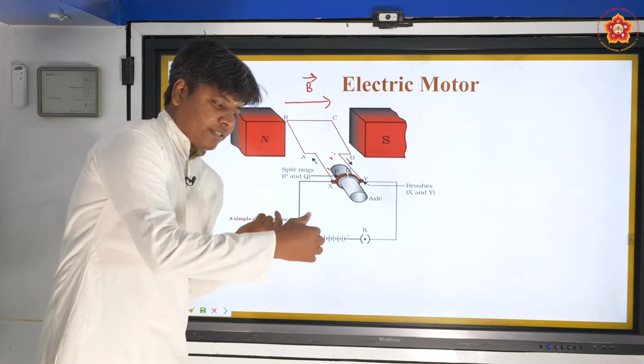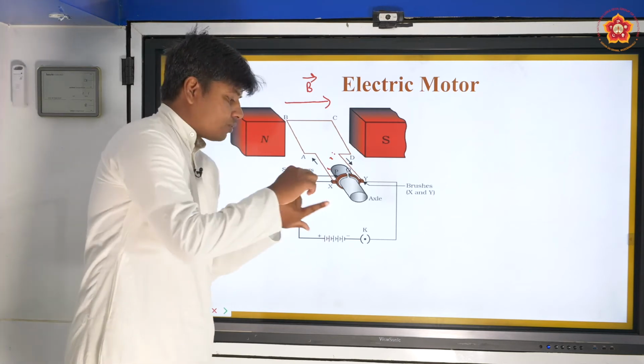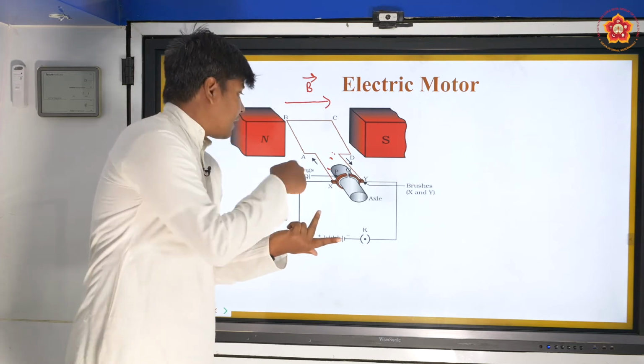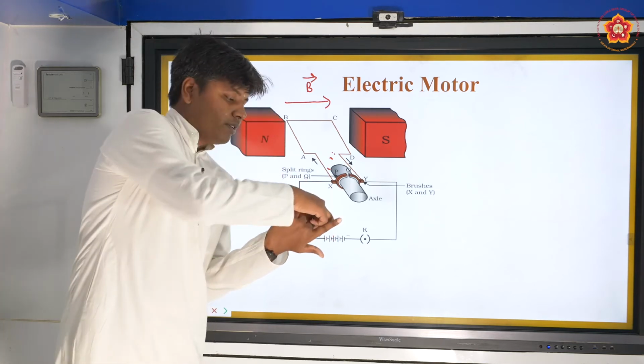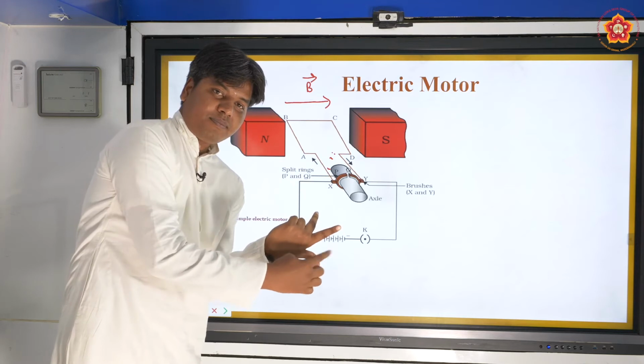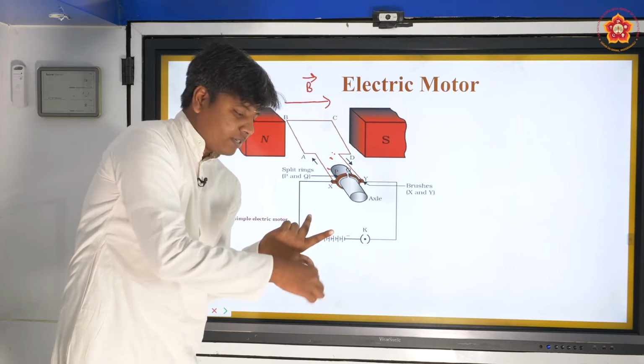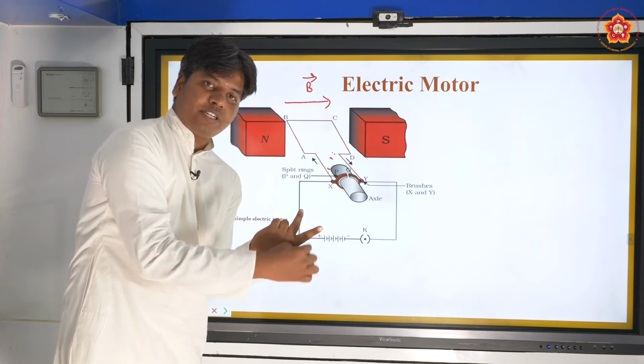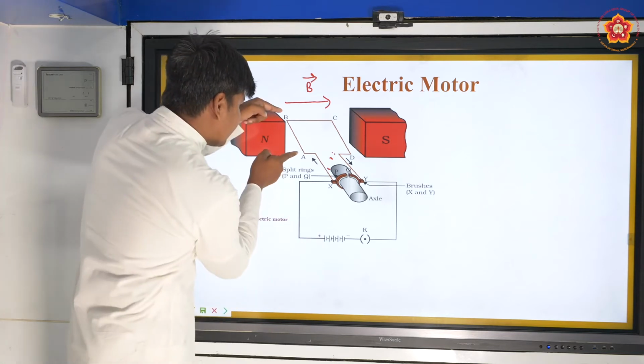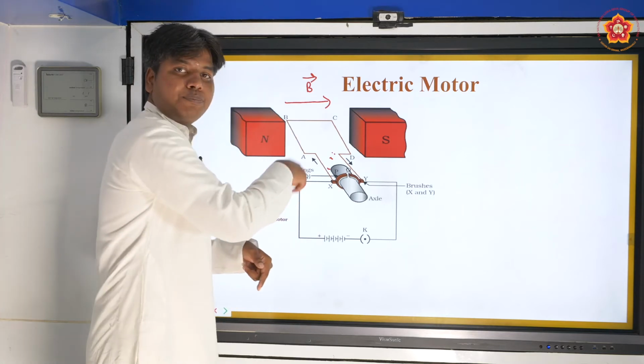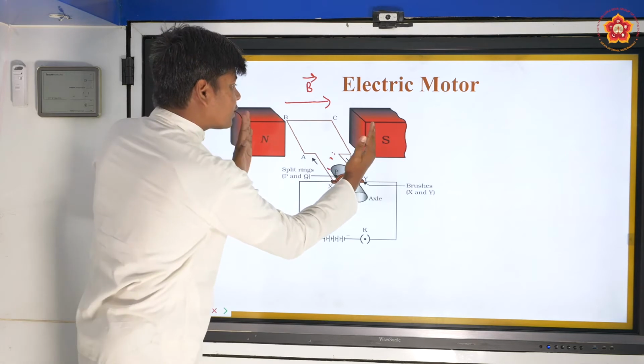This is the direction of magnetic field, north to south. The current in segment AB is inside the board, so the unfolded thumb comes down, and it shows the direction of the force. So this segment AB is experiencing a force downwards due to this magnetic field.